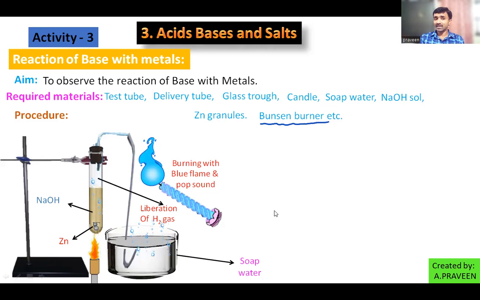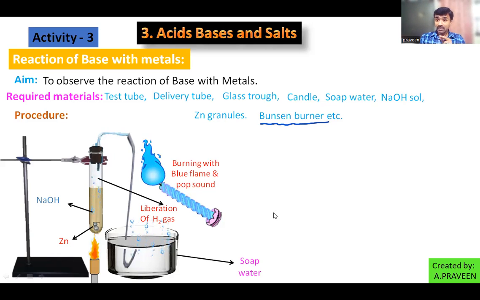So now I am able to know the products. Two products are there. One is a liquid that remains in the boiling tube after the reaction, with completely different characteristics compared with the basic solution NaOH, and a gas that escapes.